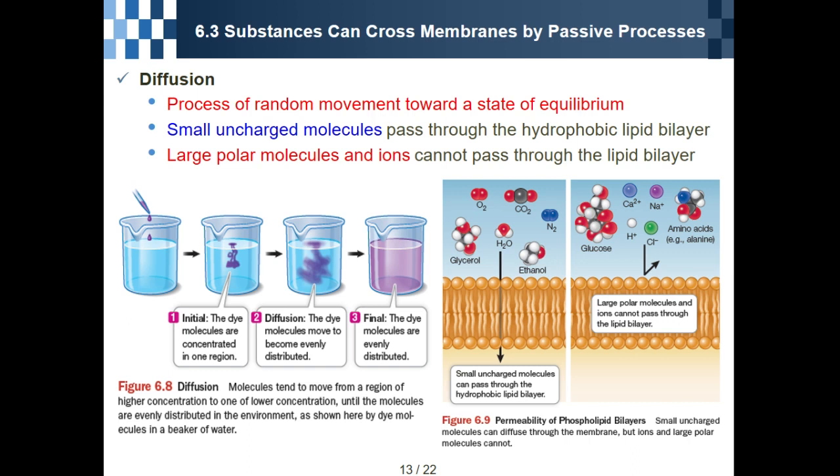For example, CO2 can diffuse through the lipid bilayer. They move randomly inside, so finally they will make equilibrium.